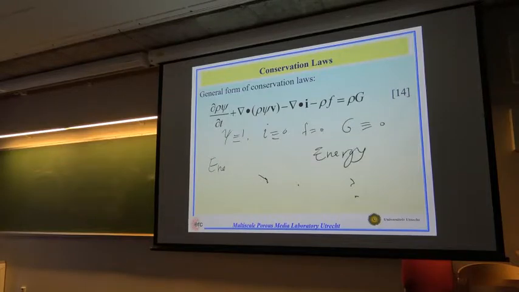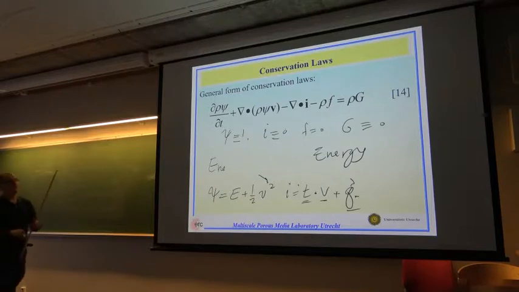Okay, that works. Then psi is equal to E plus a half of V squared. I is the stress tensor inner product with V plus Q, the heat vector.